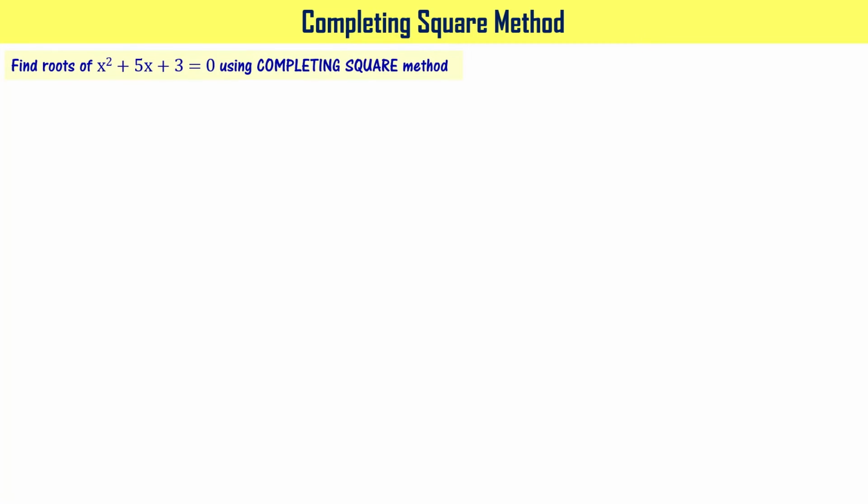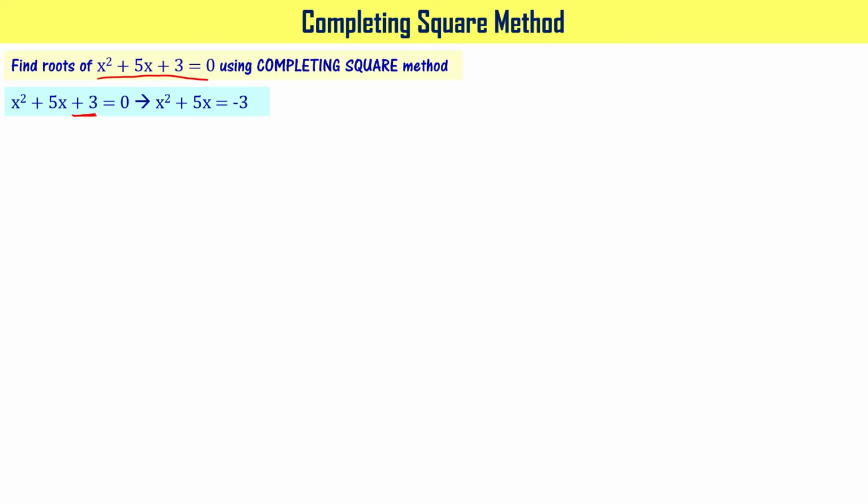Let us now find the roots of x square plus 5x plus 3 equal to 0 using the completing square method. You remember we couldn't find the roots of this particular equation using the factorization method, right? Now let's try to find the roots of this equation using the completing square method. For that, first let me transpose this plus 3 to the other side so that I can write the equation as x square plus 5x equal to minus 3, right?